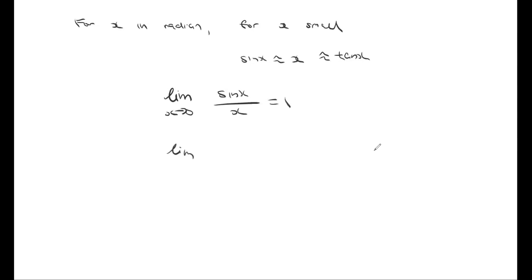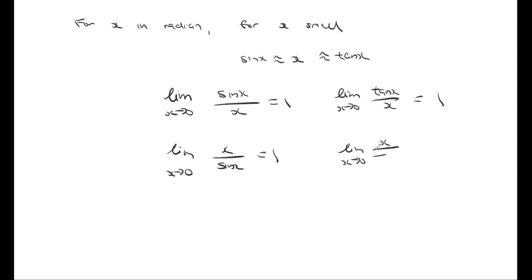And the limit as x approaches 0 of x over sine x, being the reciprocal, would also be equal to 1, right? Yes. And the limit as x approaches 0 of tan x over x will be 1. And the limit as x approaches 0 of x over tan x will also be 1.